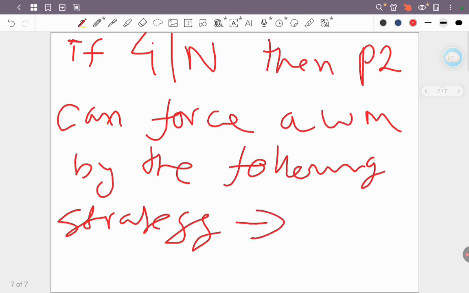Now what is the strategy? The strategy is that there are n coins.